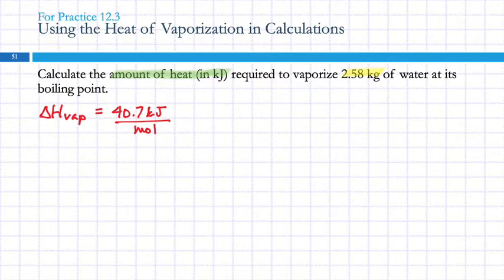So my path is going to be going from kilograms, something, something, something, to kilojoules. And we have to figure out what units are going to come in between. This is a clue right here. This relates kilojoules and moles. So if we knew how many moles of water this was, this would be the conversion factor to give us kilojoules.